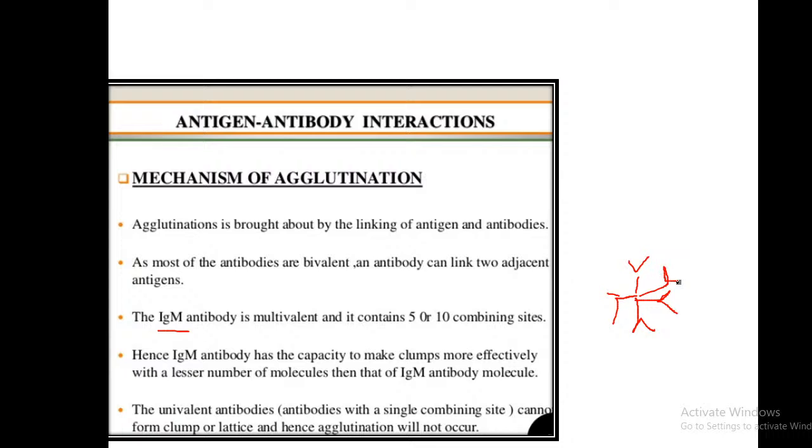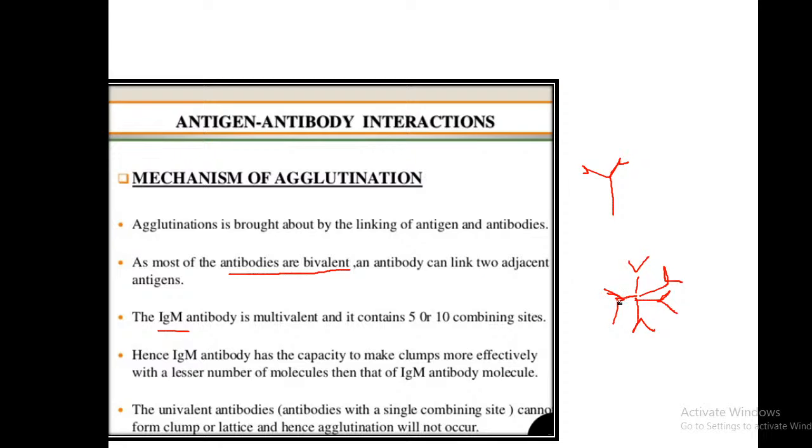We have learned in the previous class the structure and all. It is a pentamer. ബാക്കിയെല്ലാം monomers ആണ്. And this helps in agglutination. As most of the antibodies, ബാക്കി എല്ലാ antibodies bivalent ആണ്. Bivalent എന്ന് വെച്ചാൽ എന്താണ്? ഇങ്ങനെ ആയിരിക്കുന്നത് രണ്ട് ആന്റിജനെ ബൈൻഡ് ചെയ്യാൻ പറ്റുള്ളൂ. അതുകൊണ്ട് തന്നെ bivalent എന്ന് പറയും.